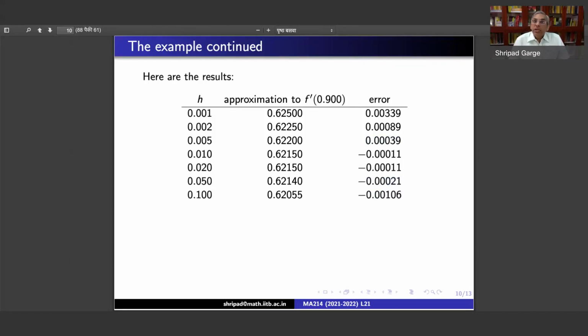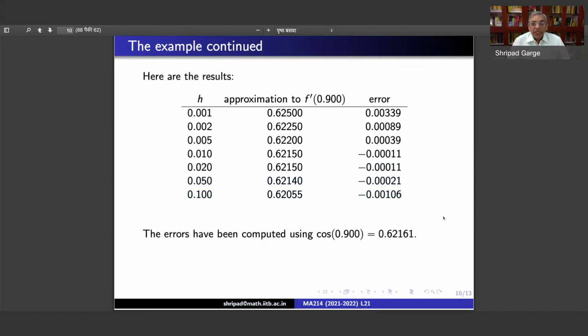Then at 0.1, the error has really grown much. In fact, here between 0.05 and 0.1, we have not taken too many nodes. If you take many nodes, then you will also see that the errors are not growing too much, but they are also growing in a slower way.